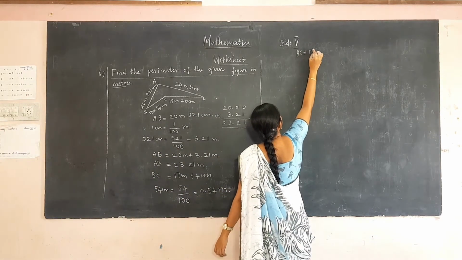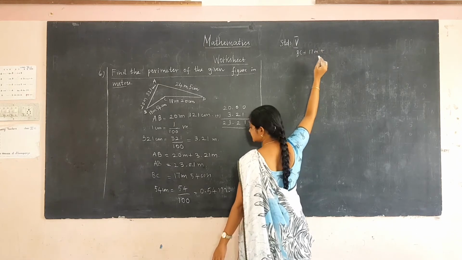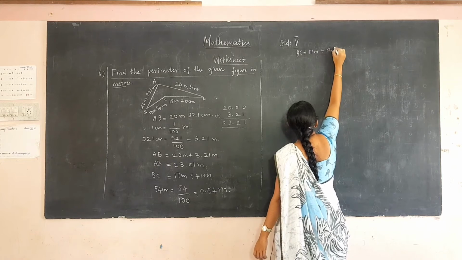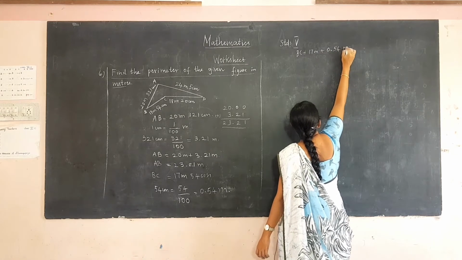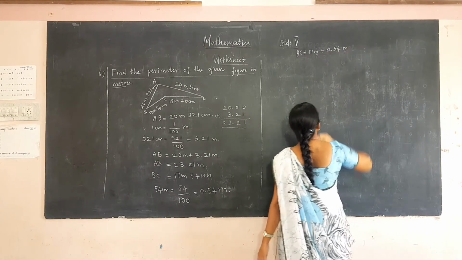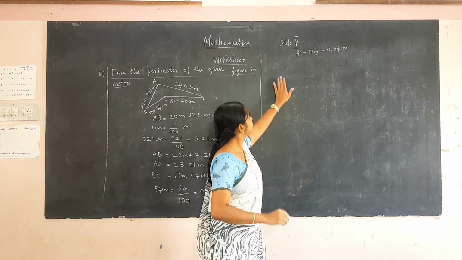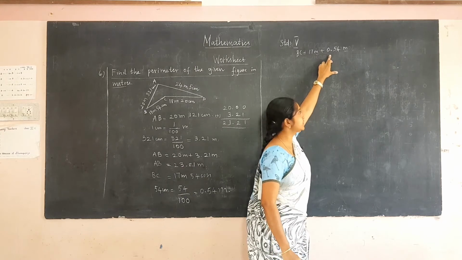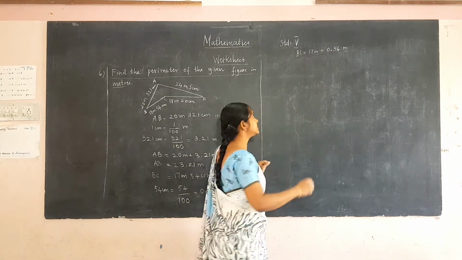BC equal to 17 meter plus 0.54 meter. Both are in meter, so we can add them. Here the whole number part is 0 and here the whole number part is 17.